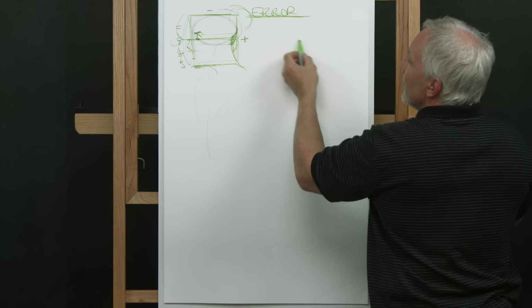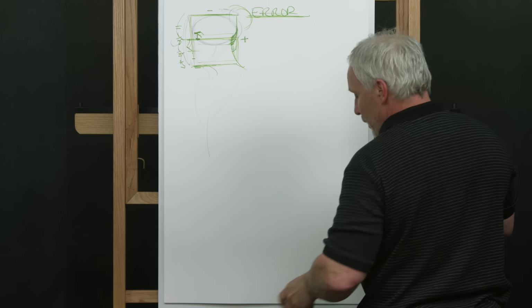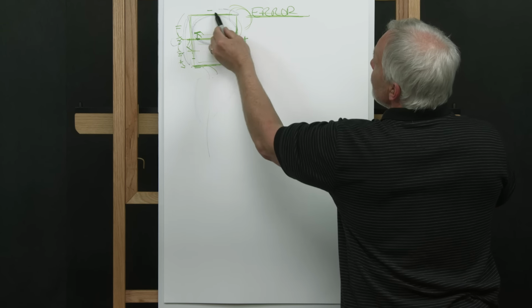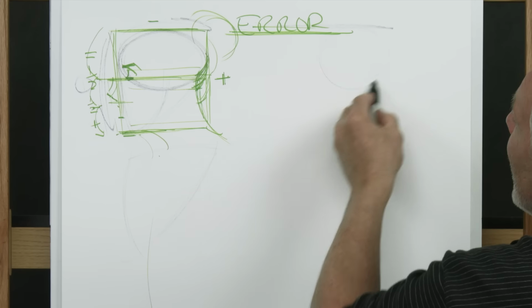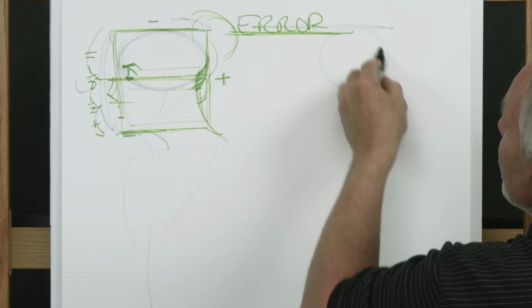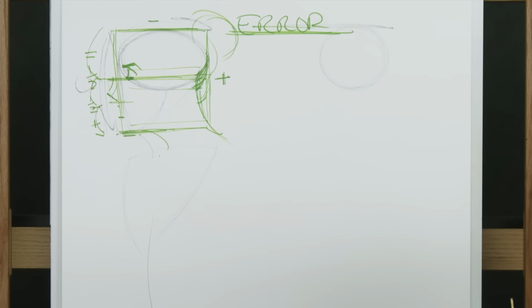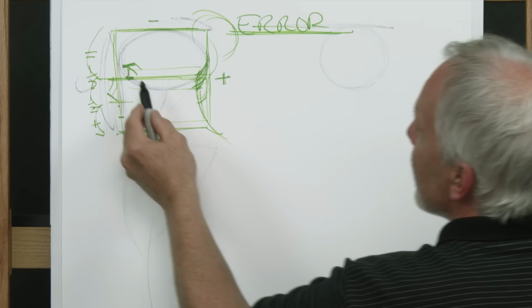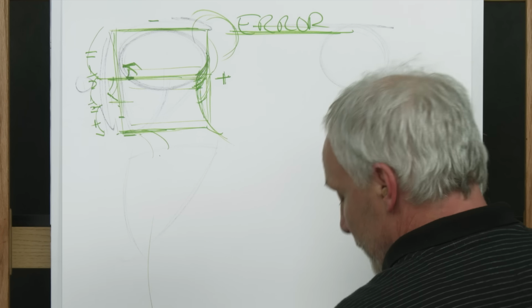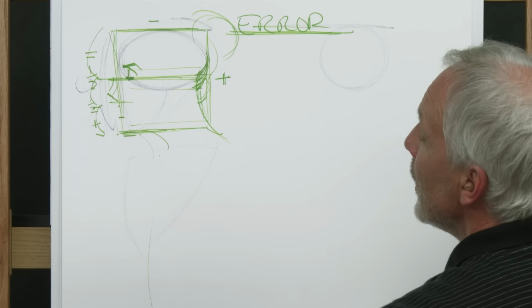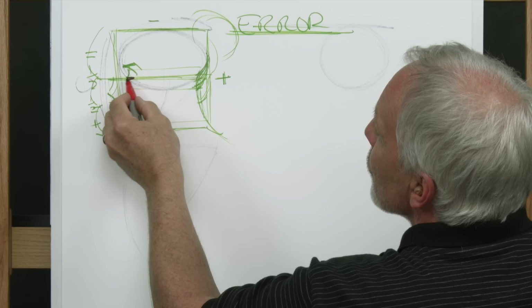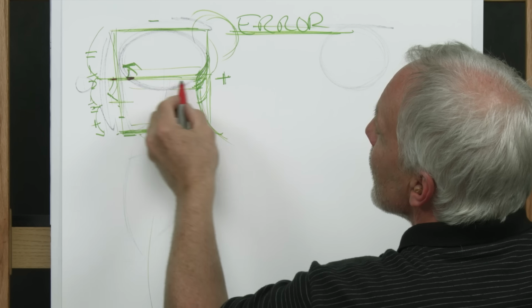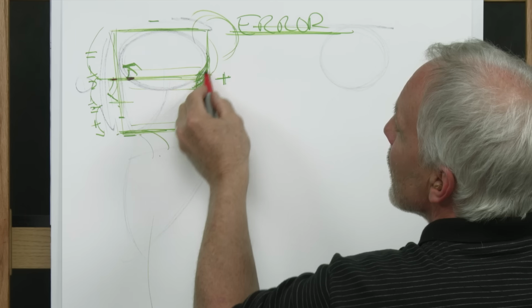Let's look at the front view then. Let me go back here. If we come across to the front, now I'm just going to do a sphere. And notice that the eye line, which was our halfway point, wasn't the skull.